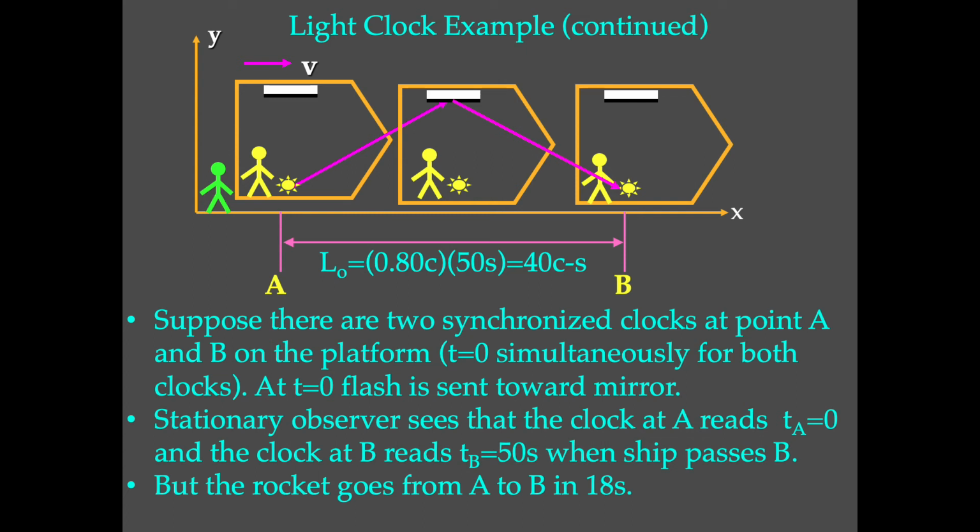But the rocket says that they go from A to B in 18 seconds. Then what?